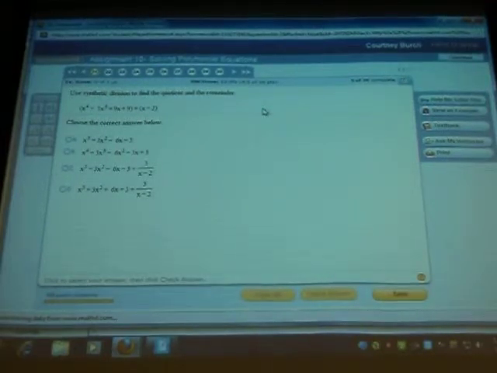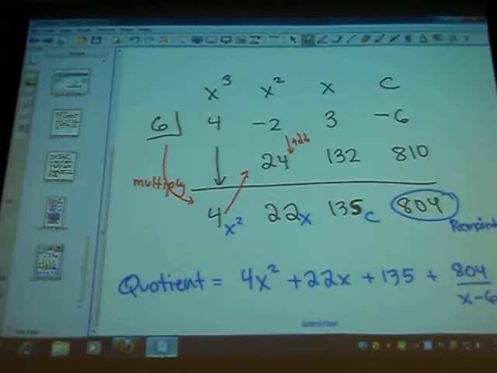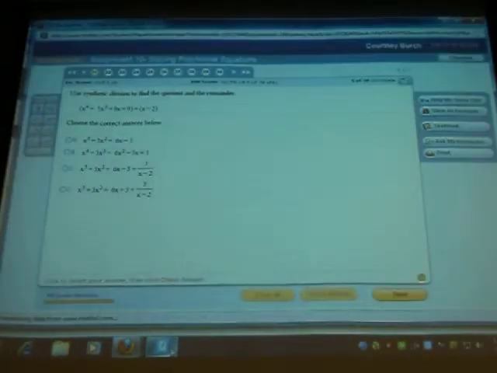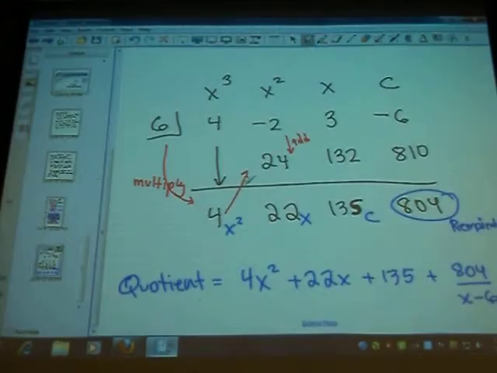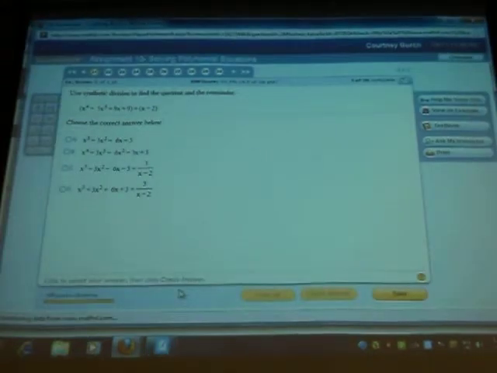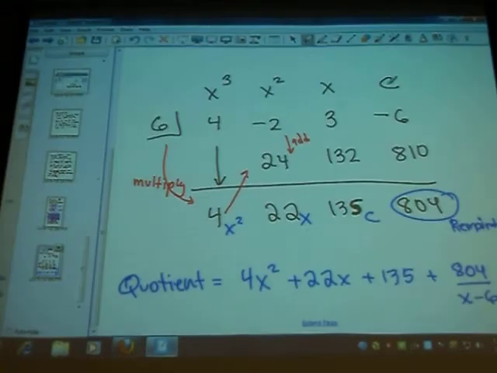You want to try 21? Alright, so in 21 I've got x to the 4th.